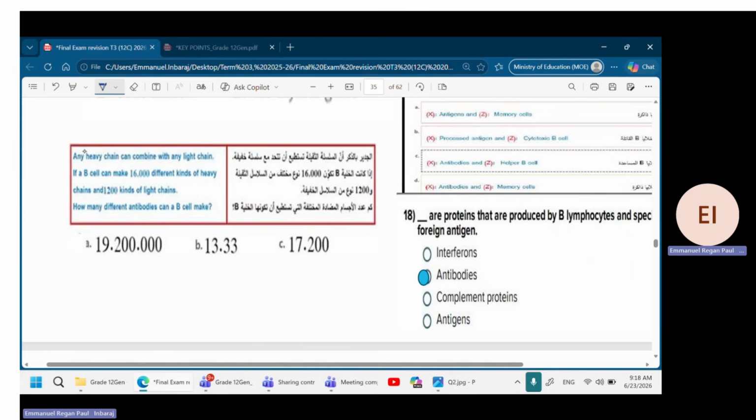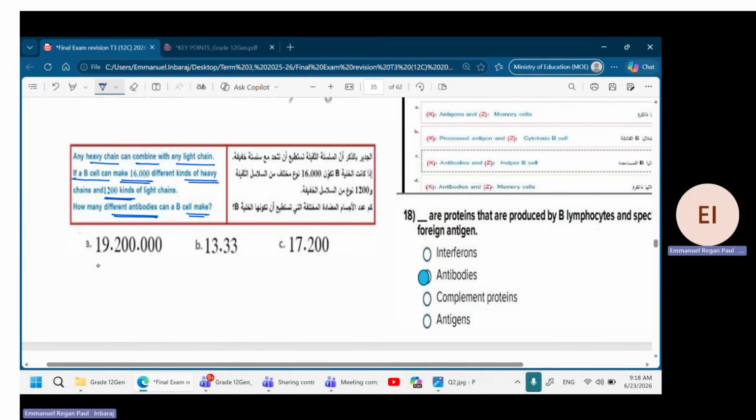Any heavy chain can combine with any light chain. If a B cell can make 16,000 different types of heavy chain and 1,200 light chain, how many different antibodies can a B cell make? See what they have given, 16,000.